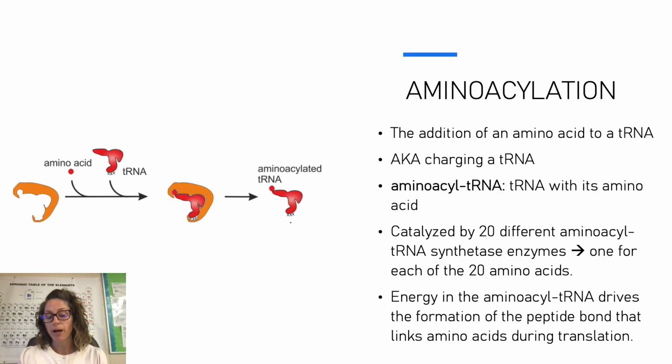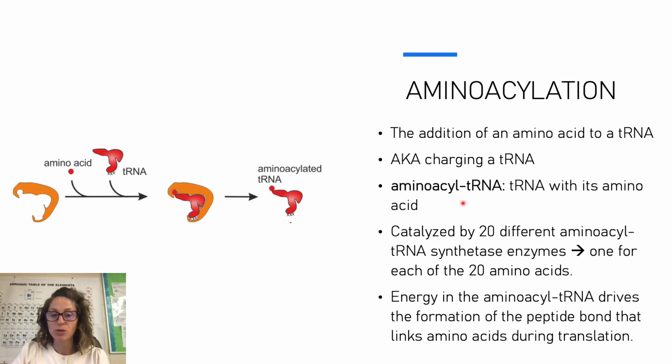So let's talk about how we are producing these tRNAs carrying amino acids. The addition of an amino acid to a tRNA is called aminoacylation. It's also known as charging a tRNA because you are kind of giving it its energy that is going to be used to grow the polypeptide.